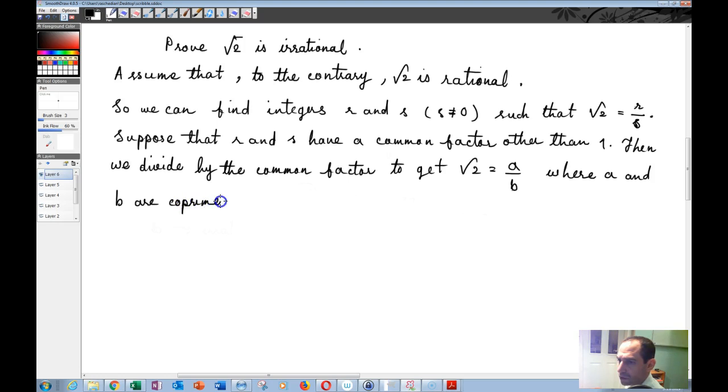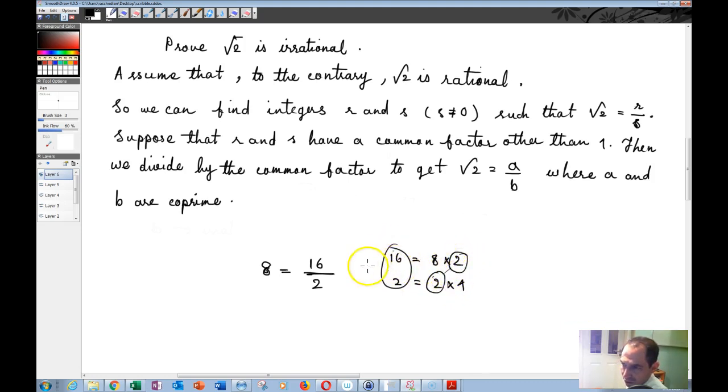I suppose now you understand these terms. For example, the number 8, if you express it as 16 divided by 2: 16 you can write as 8 times 2, and 2 you can write as 2 times 1. Now these two numbers have a common factor other than 1, so they are not coprime.